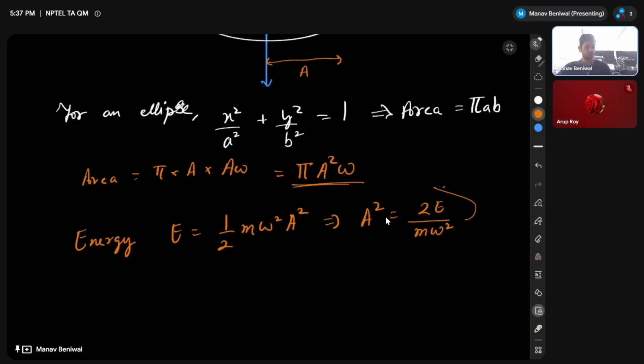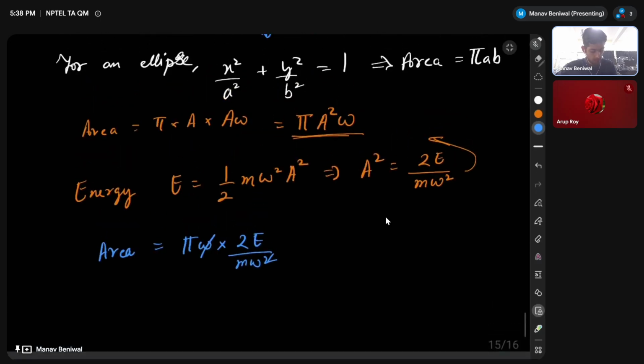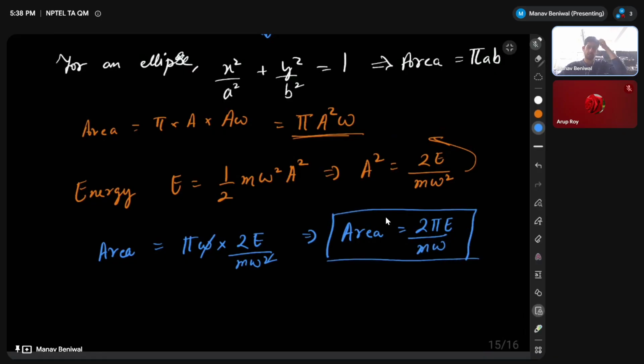Substituting this back, the area is pi omega multiplied by 2E over m omega squared. One omega cancels out, and finally our area becomes 2 pi E over m omega. This is the area our simple harmonic oscillator spans in the phase space.